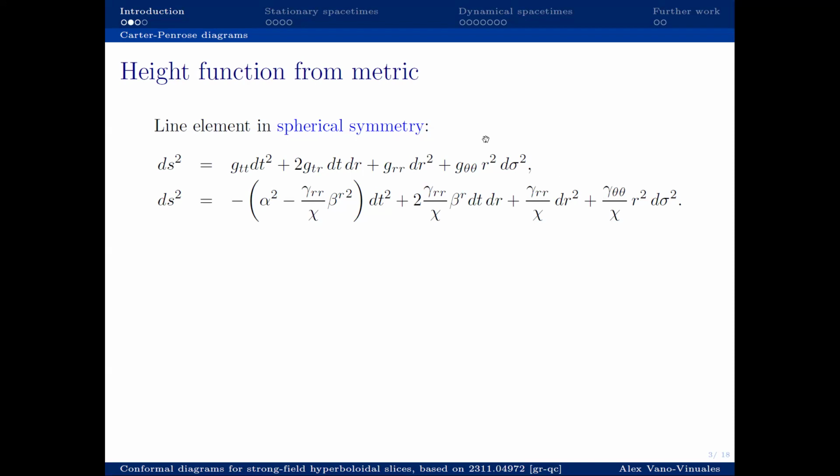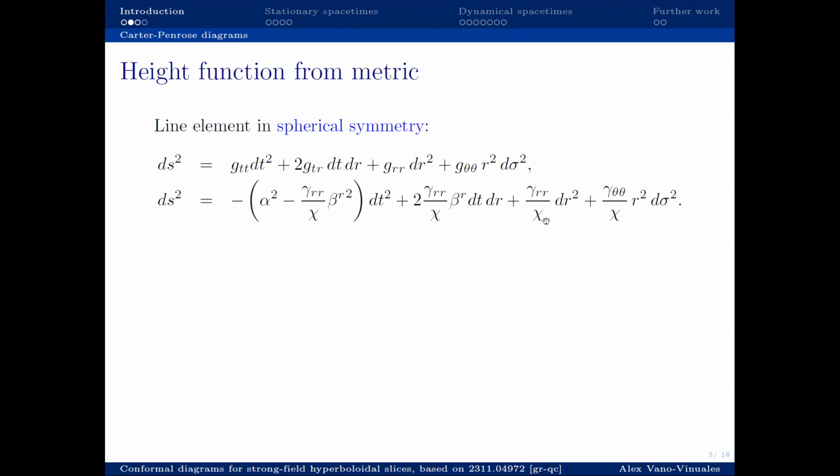So for spherical symmetry, the line element I'm going to consider has either the form on top, with the usual g_tt, g_rr, g_theta-theta, in the way I'm writing them here. And the second line uses them in the way that is actually evolved in the numerical simulations that I will talk about later when we talk about the dynamical spacetimes.